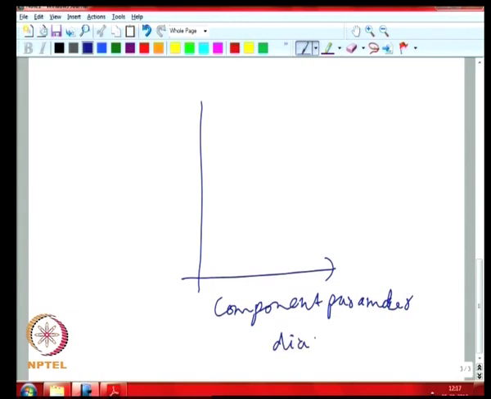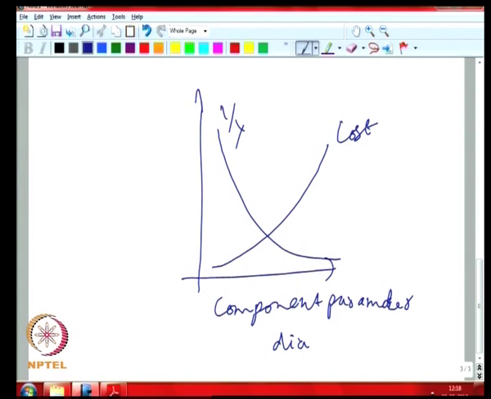On the one hand, if you are increasing the diameter, your cost is going up, but your failure rate, say lambda, would actually come down because you are having a more reliable component, so the mean time between failures, 1 by lambda, goes up. So, you also have this trade off between reliability and cost.